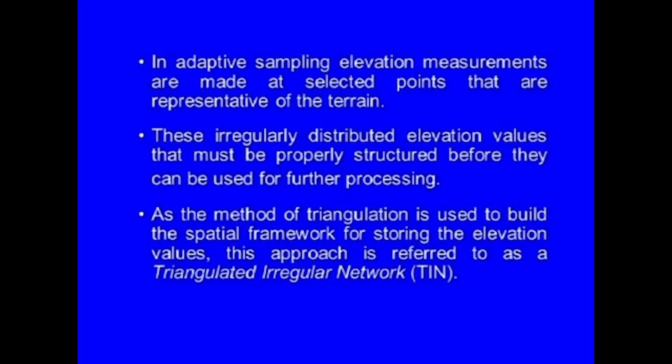These irregularly distributed elevation values must be properly structured before they can be used for further processing. As the method of triangulation is used to build the spatial framework for storing the elevation values, this approach is referred to as triangulated irregular network, or in short TIN.